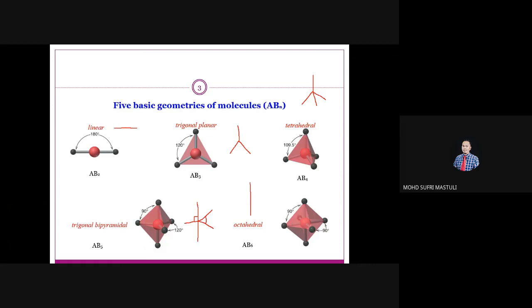Straight line, and then in the middle we have a square, like this. So the angle between the straight line with the middle one is 90 degree, and the angle between the adjacent atom in the middle part also 90 degree.